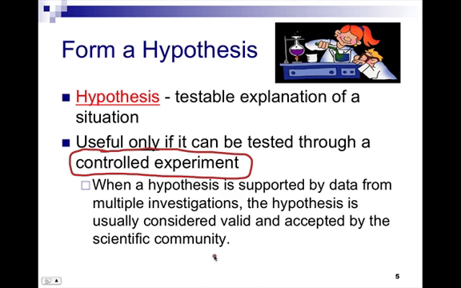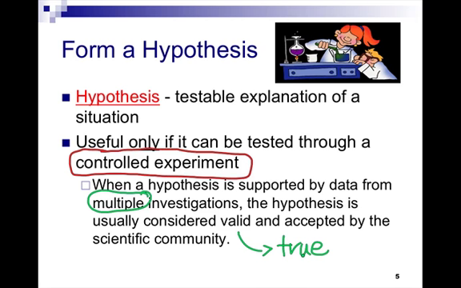When a hypothesis is supported by data from multiple investigations, another key right here, multiple investigations, the hypothesis is usually considered valid. Valid means true, and accepted by the scientific community.